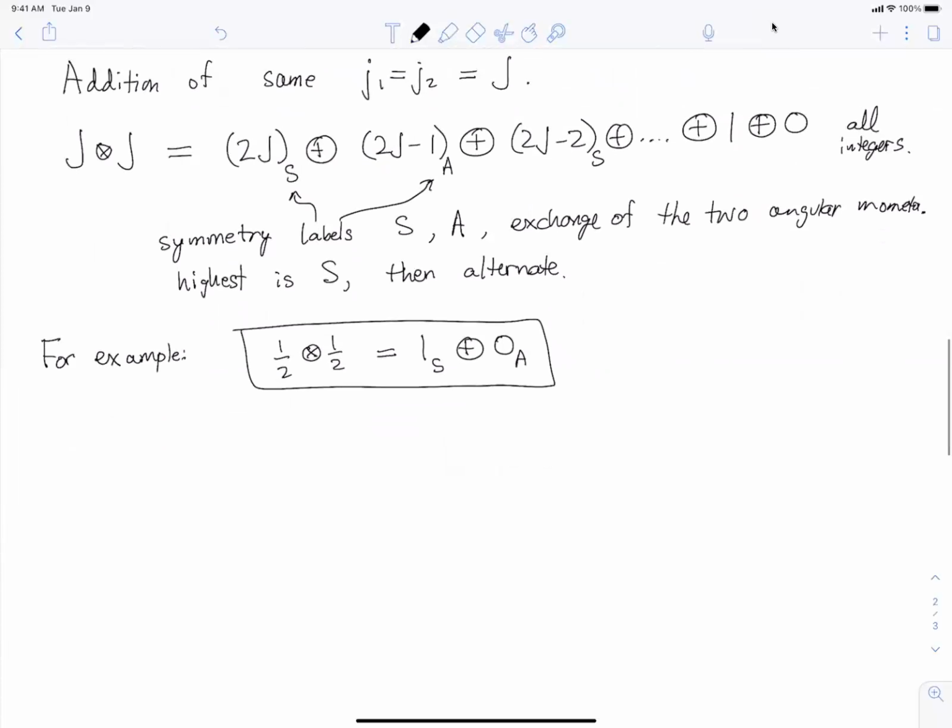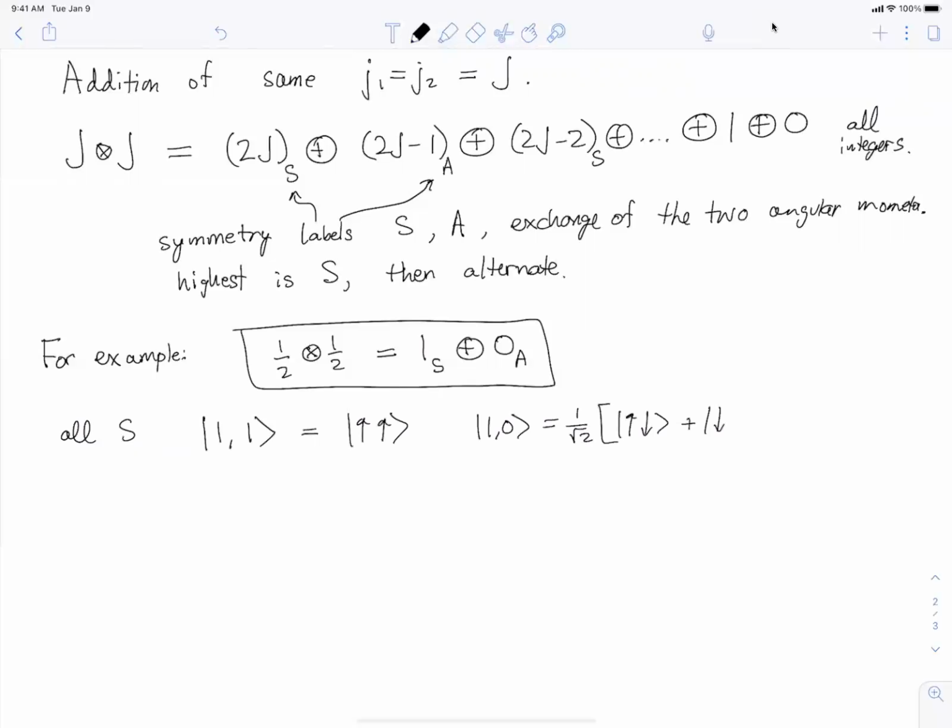And we've all seen this already, because here are all the symmetric ones. In the total angular momentum basis, the state |1,1> was equal to up arrow, up arrow, and the state |1,0> was 1 over square root of 2 times up arrow, down arrow, plus down arrow, up arrow.